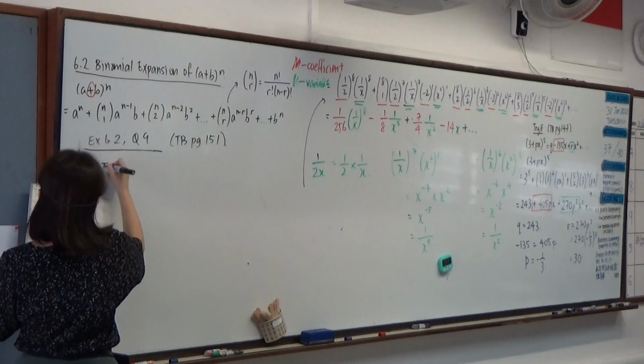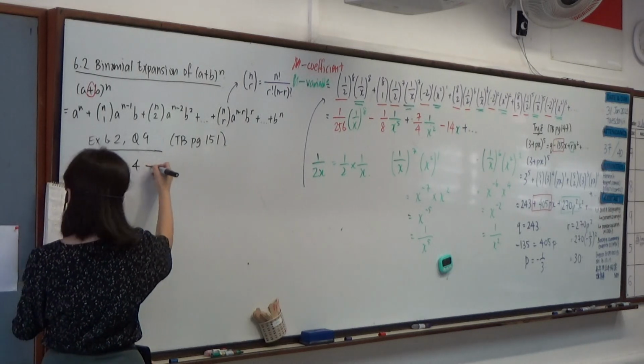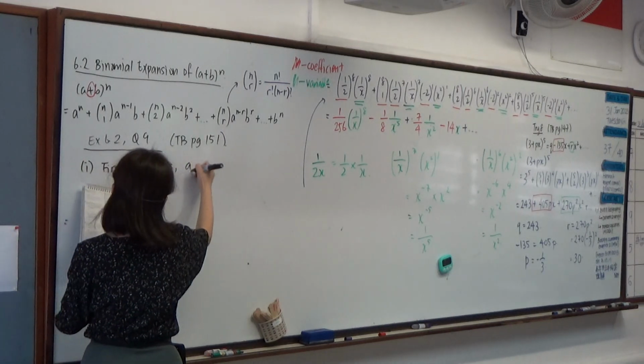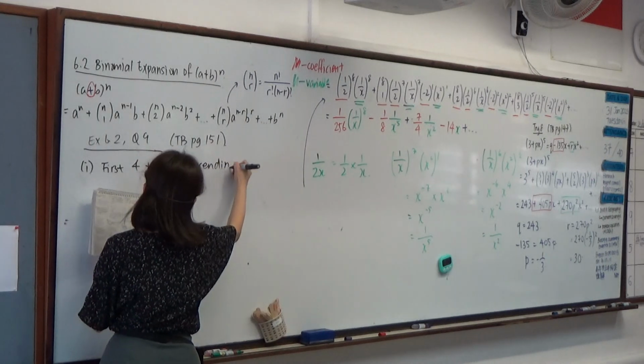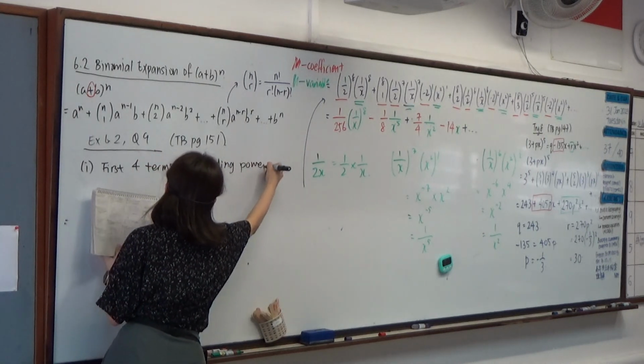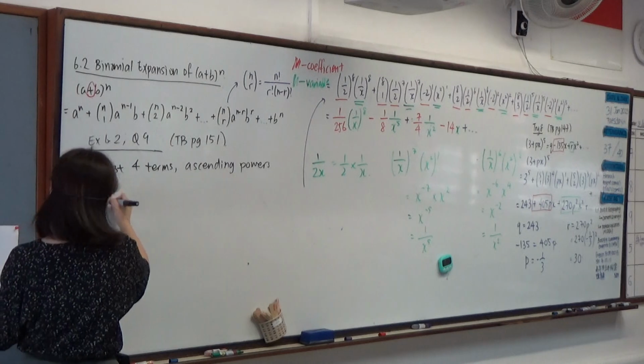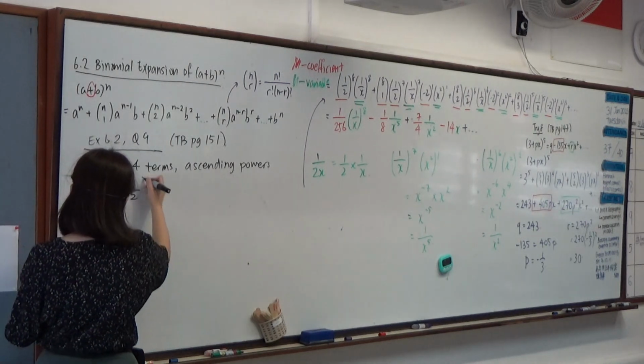Part I, first 4 terms, ascending powers. Minus x over 2 to the power 7.